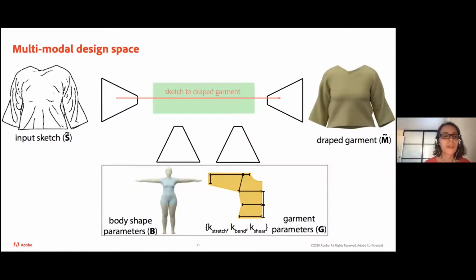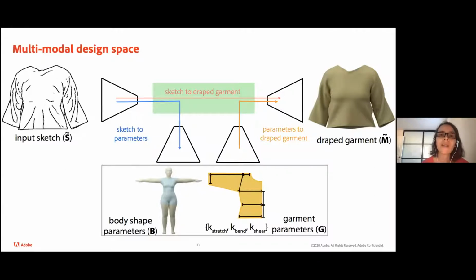So basically, from the input sketch, we predict how the garment would drape in 3D. We have another network that tries to predict the parameters of the garments from the input sketch. And finally, another network that takes the parameters as input and then predicts the 3D draped garments.